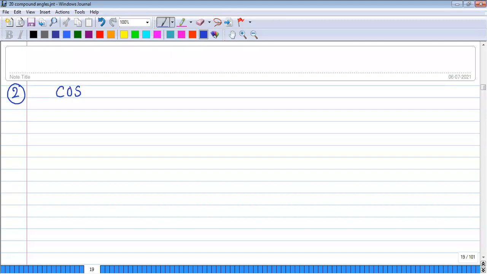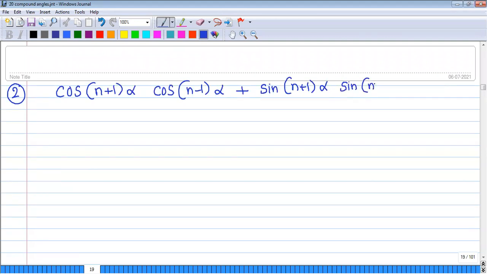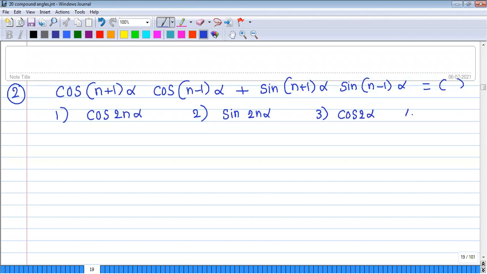Okay, cos of (n plus 1) times alpha, cos of (n minus 1) times alpha, plus sin of (n plus 1) times alpha, sin of (n minus 1) times alpha equals to: first option cos 2n alpha, second is sin 2n alpha, third cos 2 alpha, fourth one is sin 2 alpha.